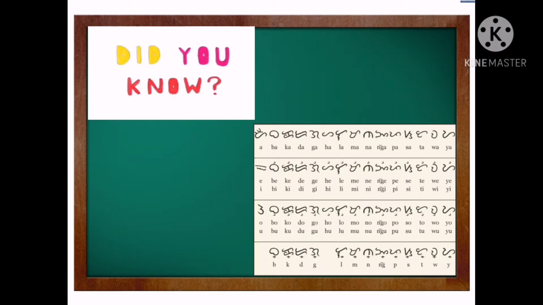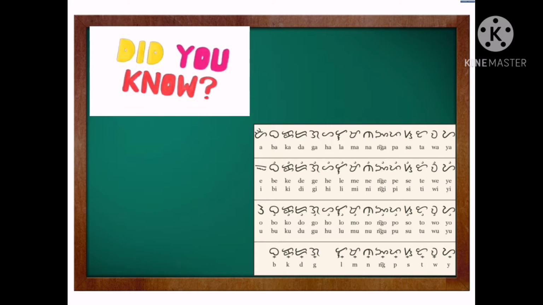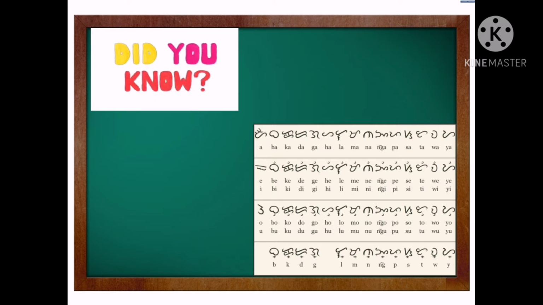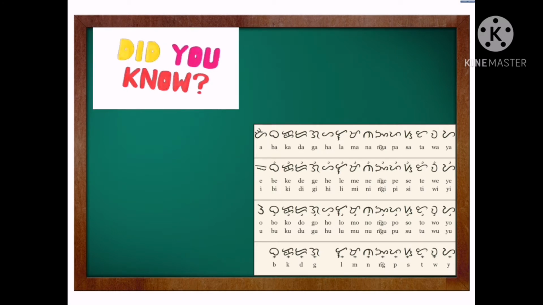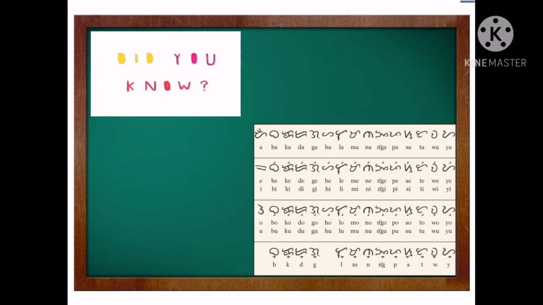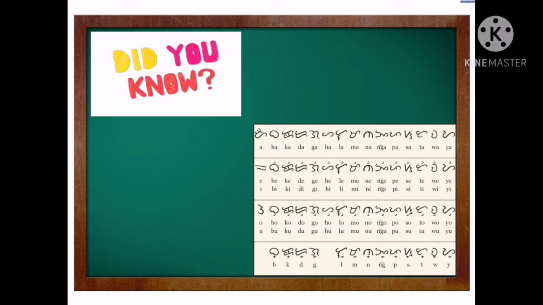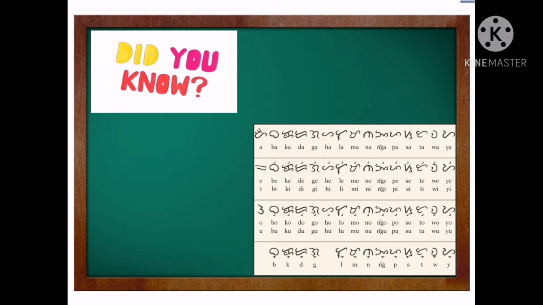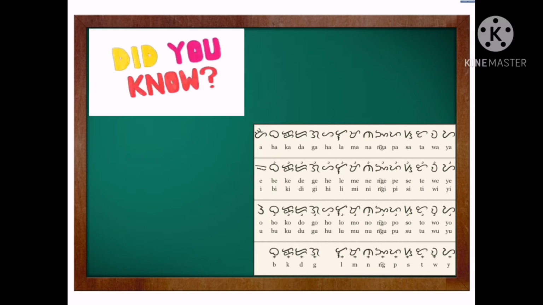Learners, what have you seen in the picture? Impressive. Learners, did you know that the word baybayin is a Tagalog term that refers to all letters used in writing a language? That is to say, an alphabet. It came from the root word baybay, meaning to spell.